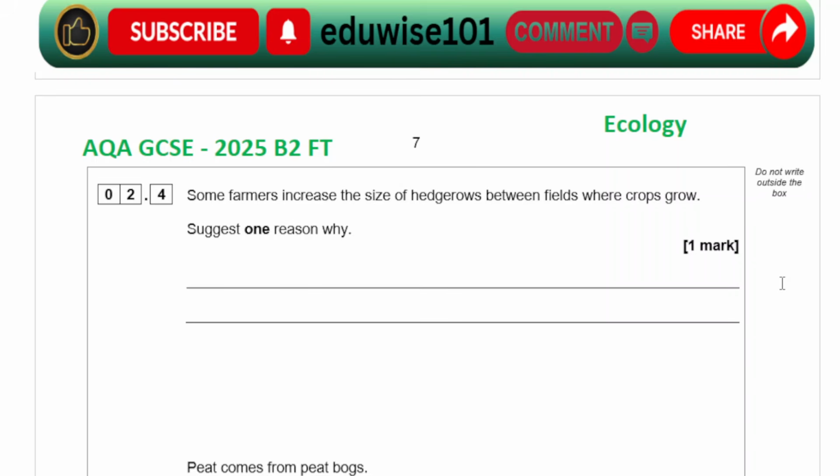Some farmers increase the size of hedgerows between fields where crops grow. So just one reason why. Now, there's a number of reasons. Let me write about 3 or 4.